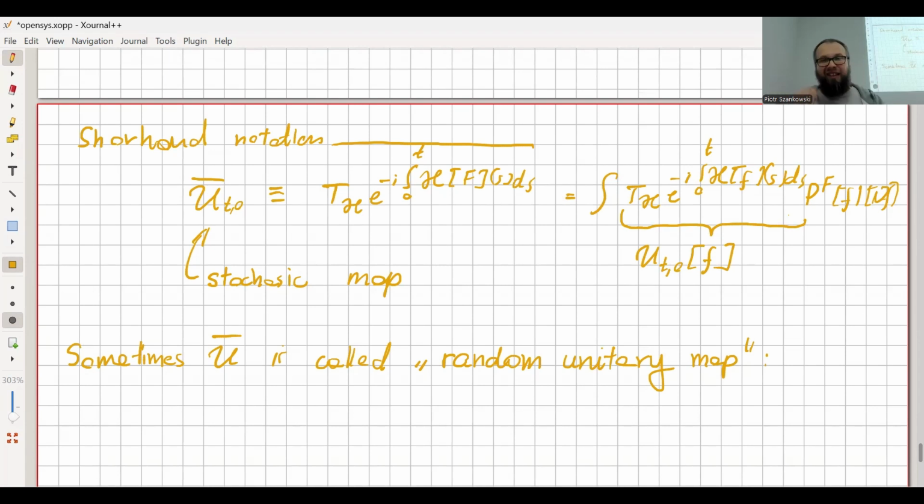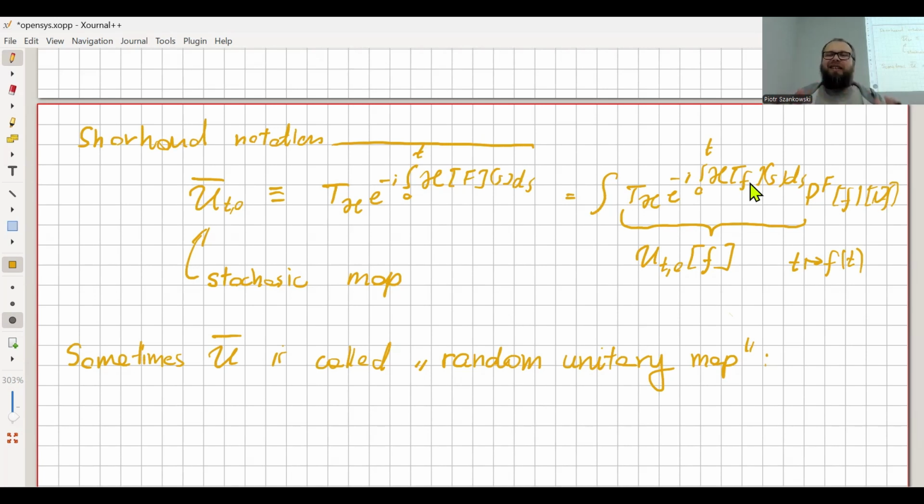Once you pick a trajectory, it's just a function, so you input it into your Hamiltonian, then it's just a normal time-dependent Hamiltonian, nothing stochastic about it.